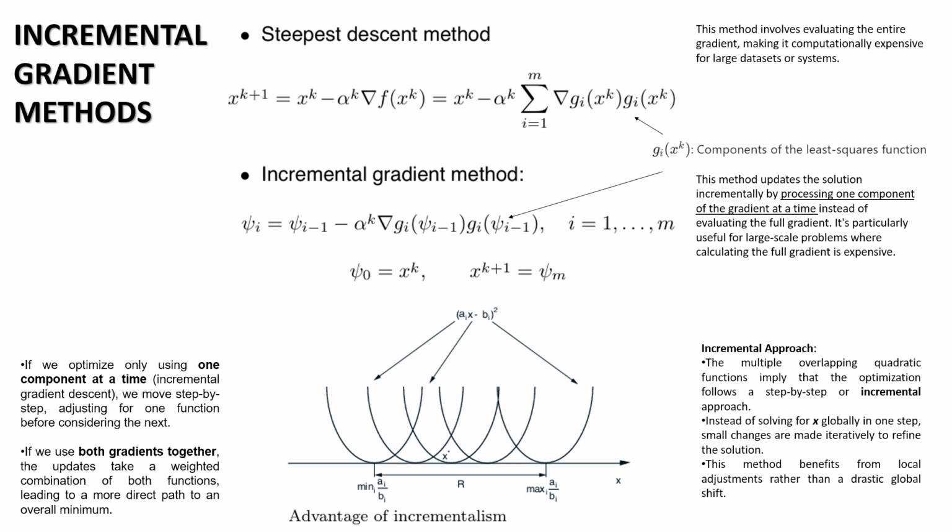And we can see the difference between incremental gradient methods, in which components of the least square functions will be calculated by processing one component of the gradient at a time, instead of evaluating the full gradient. It's particularly useful for large-scale problems where calculating the full gradient is expensive.